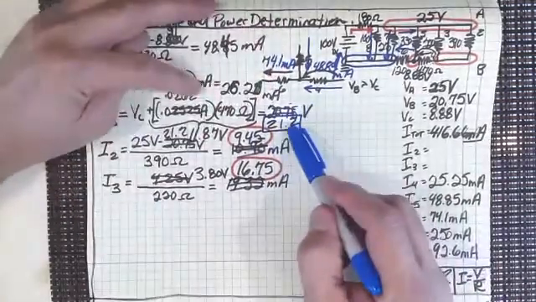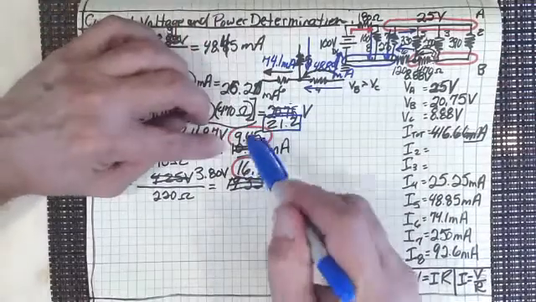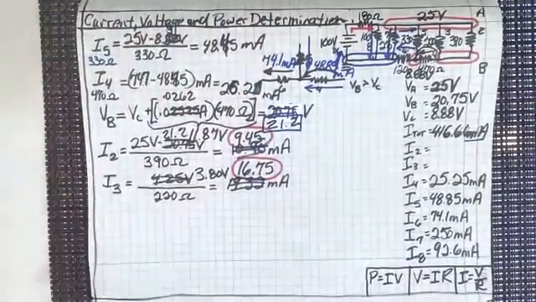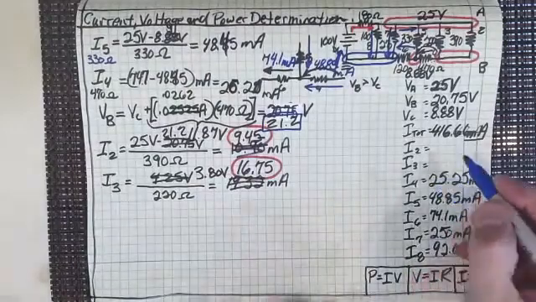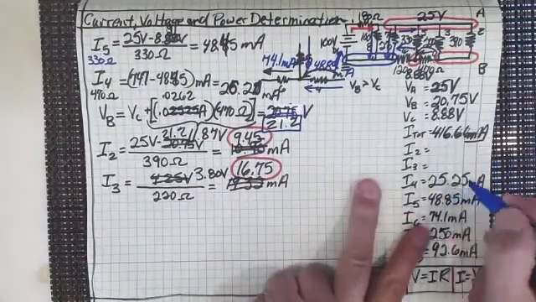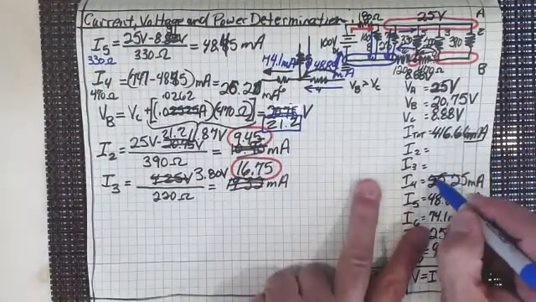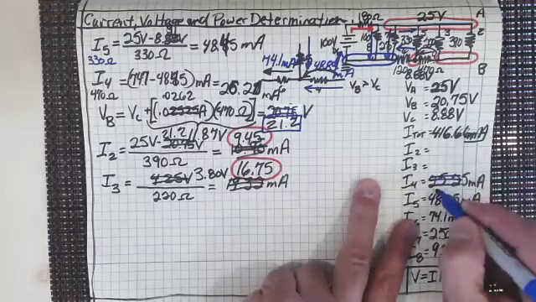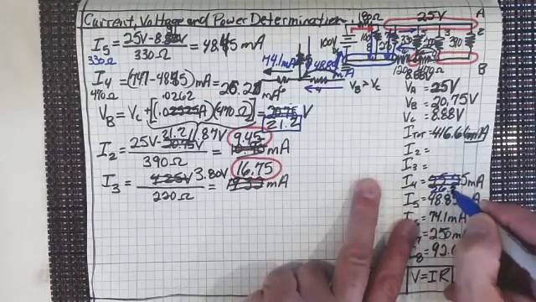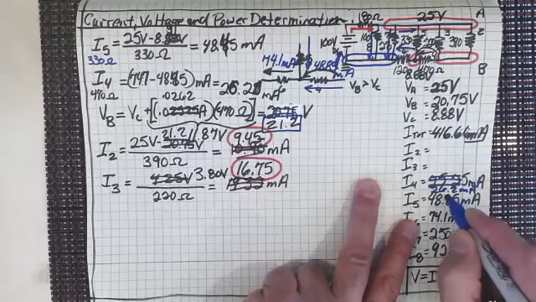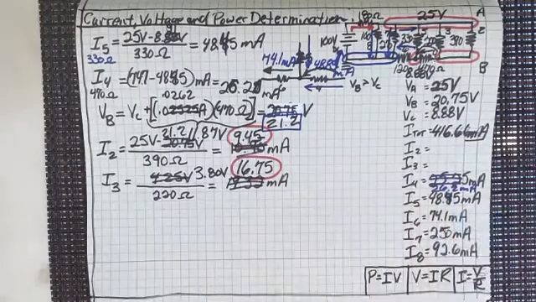I just wanted to point that out. And so actually, yes, we did get down to the right amount. This actually comes to 26.2. I'm going to just put that in there, milliamps. And this is 48.45.